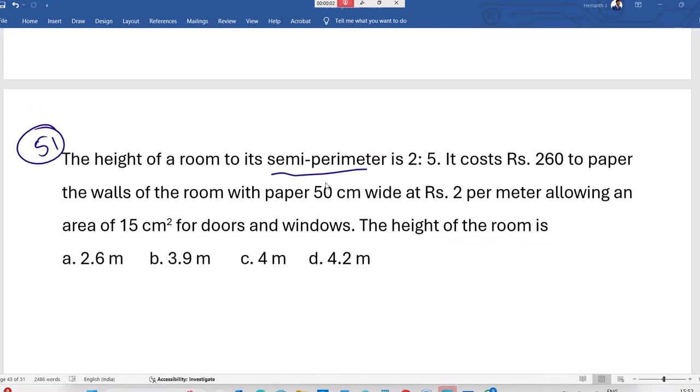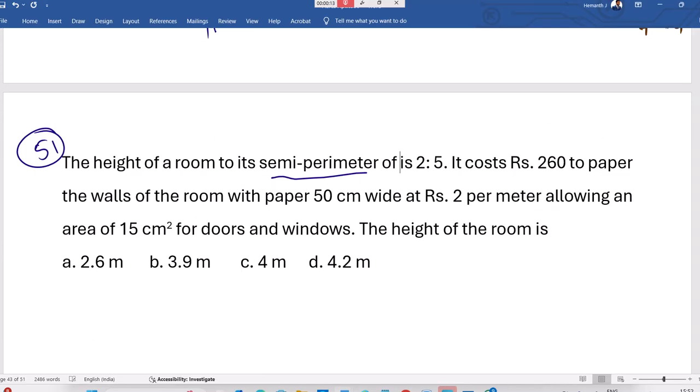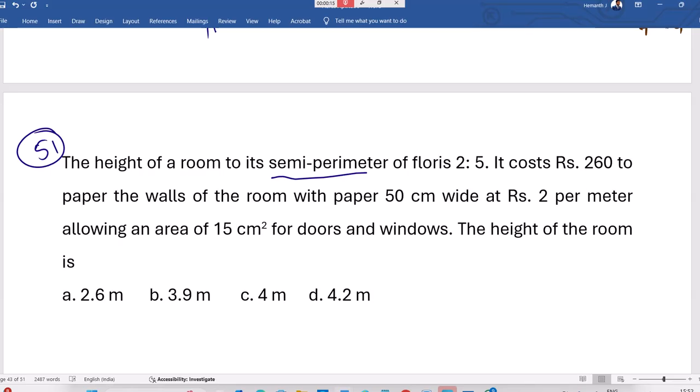This previous question, the problem here, listen. The height of a room to its semi-perimeter of a floor. They missed that sentence. It should be semi-perimeter of floor. So the floor is length into breadth, okay, the area. But what is semi-perimeter?